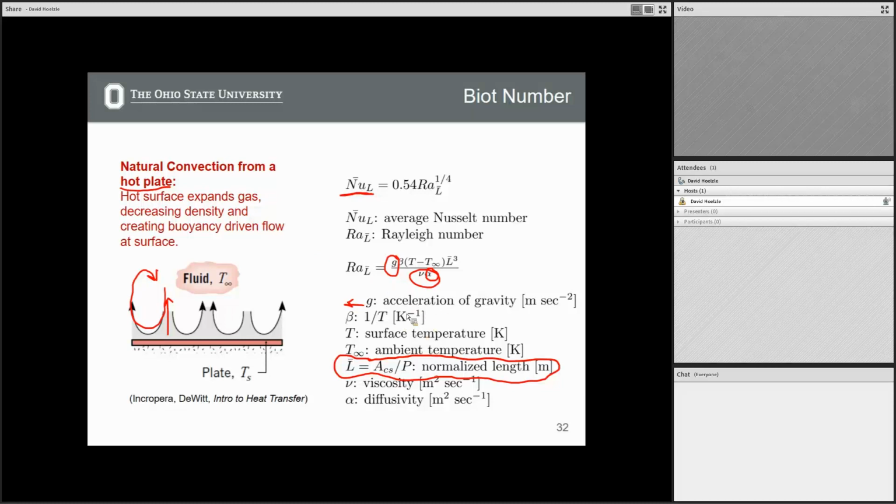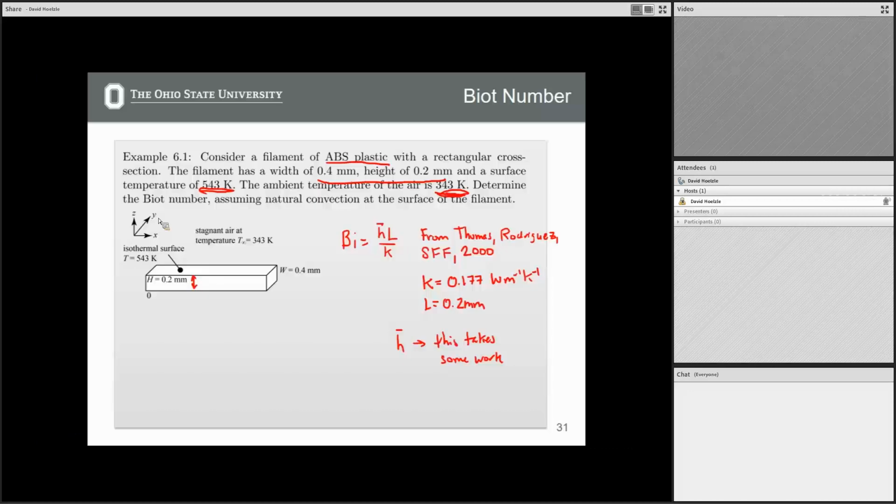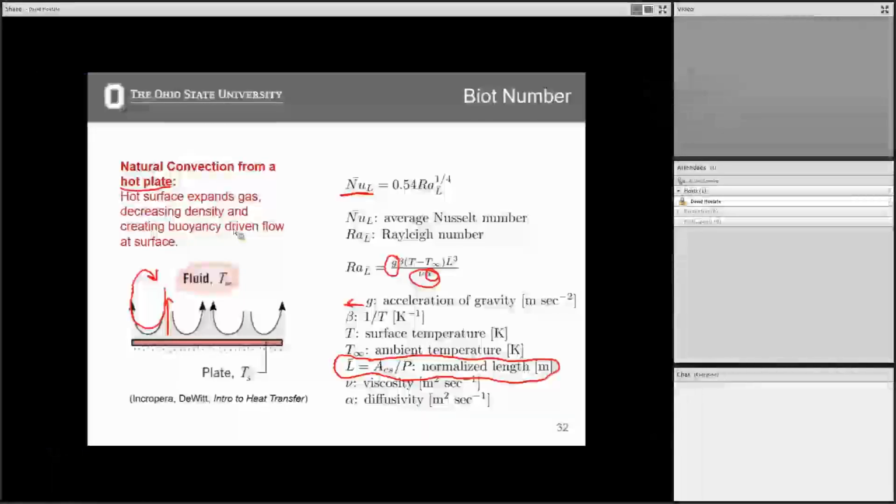Beta is 1 over the temperature expressed in Kelvin. And then L is this normalized length, and then we have viscosity terms and diffusivity for the fluid that we're using. I don't specify it in the problem, but this is stagnant air. The far field is stagnant air at this temperature. So we're looking at what is then the viscosity and diffusivity of air.